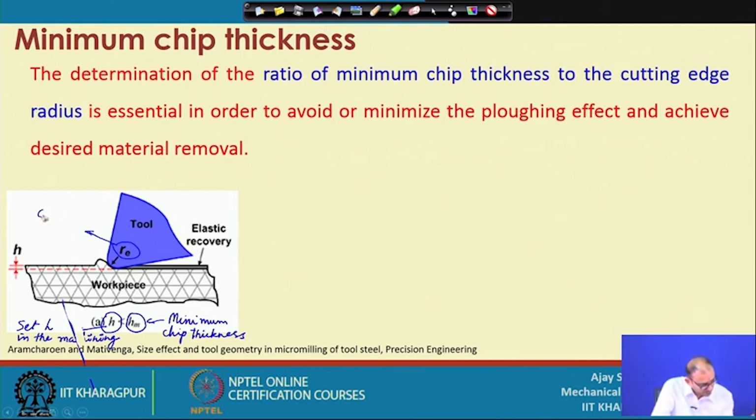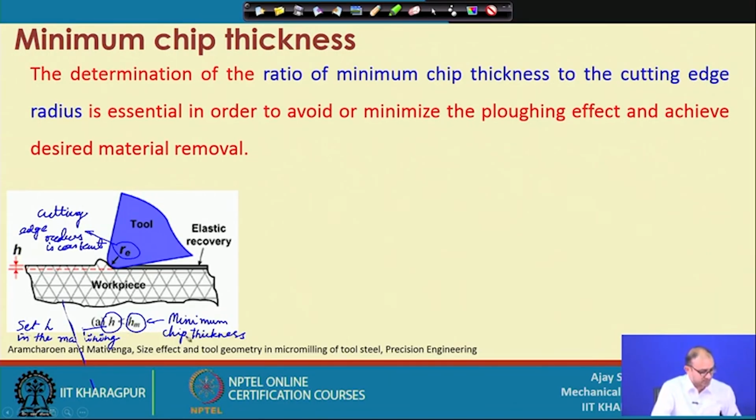So, we are continuously changing this edge. Ultimately, if you change one of these parameters, RE or H, you are getting a different ratio of the uncut chip thickness.